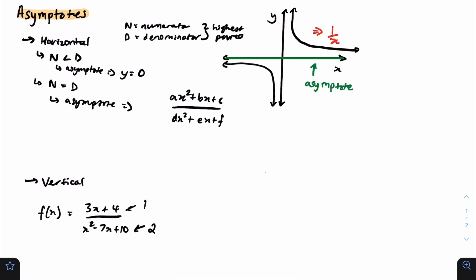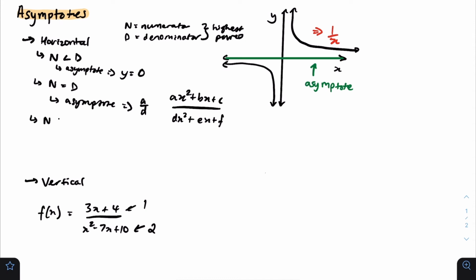The asymptote would be a over d. It's the ratio of the coefficients of the highest power. In this case, if it was x cubed, same thing. If they have the same highest power, then it's the coefficient of the highest power divided by each other. So it's a over d.